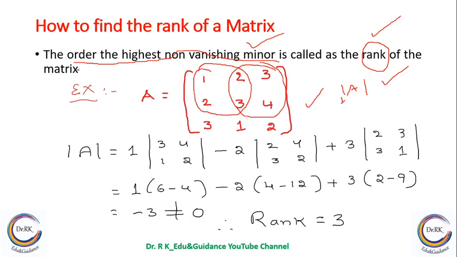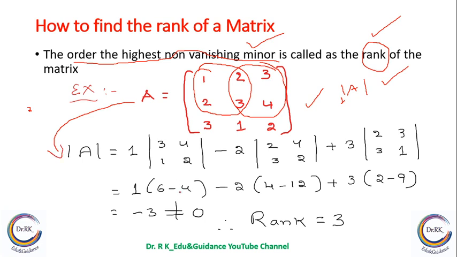So what they are saying is the order of the highest non-vanishing minor. Now in this case, the order of the matrix is 3 by 3, right? So we have to search from the determinant or the minor of order 3. First we find the determinant of the matrix.